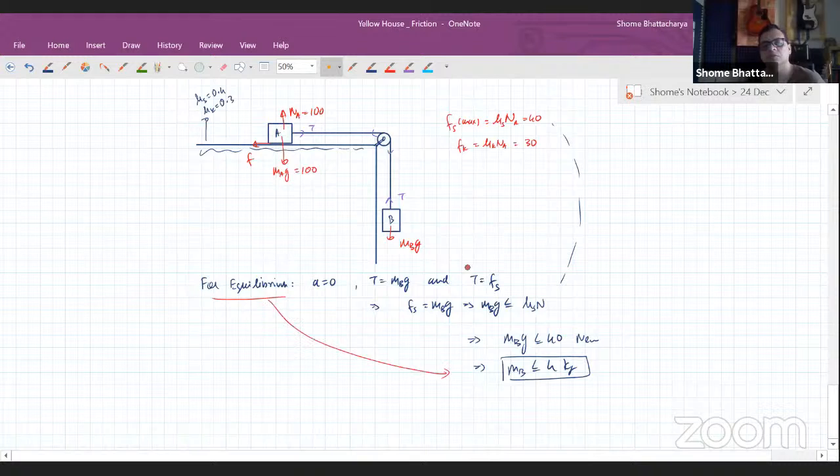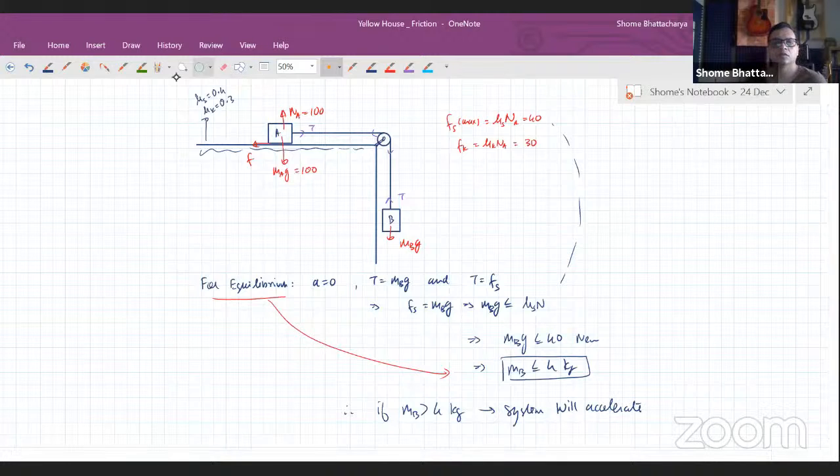For equilibrium. So therefore, if mB is greater than 4 kg, then the system will accelerate. So we will have this situation only, but with acceleration.